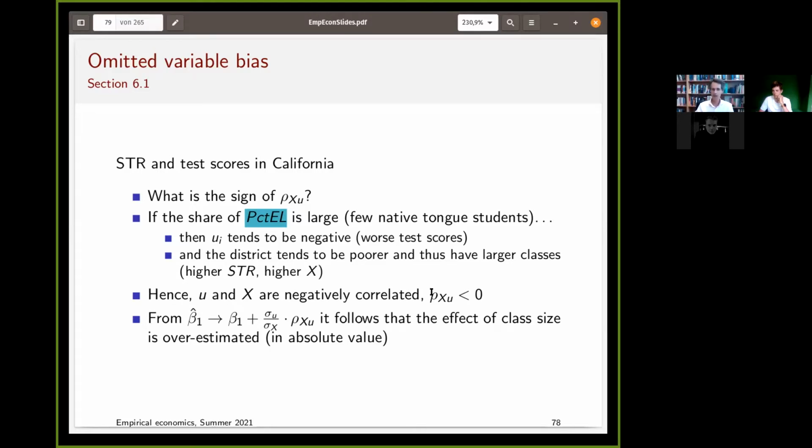And therefore the correlation coefficient is negative, which means that the value that we estimate from our data, at least in the long run or for large samples, is not only the true value, but we have to add something, and what we add is negative. So we actually subtract something, and the estimated effect is smaller than the true effect.